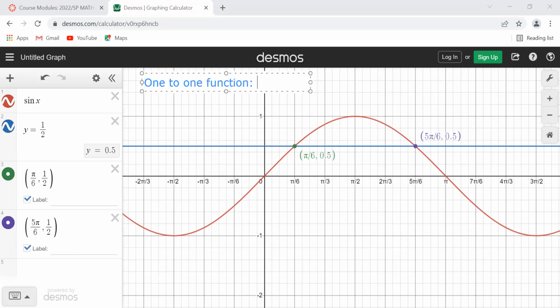For a one-to-one function, the definition is: whenever the inputs are different, okay, so let me put it in one row.